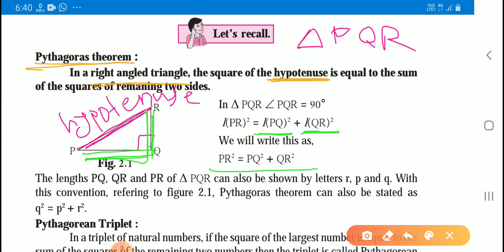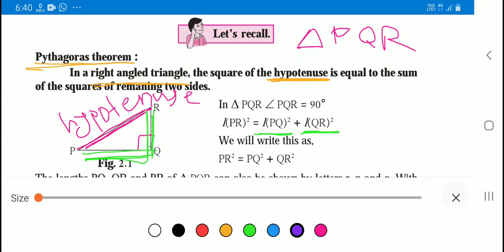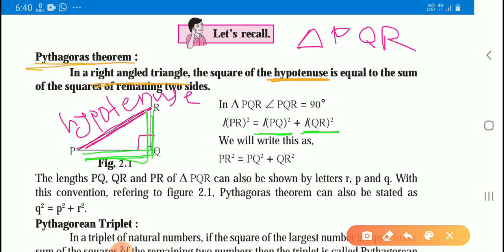Now the lengths PQ, QR and PR of triangle PQR can also be shown by the letters r, p and q. With this convention, referring to figure number 2.1, here they showed the lengths: PQ is denoted by r, QR by p, and the hypotenuse PR by q.